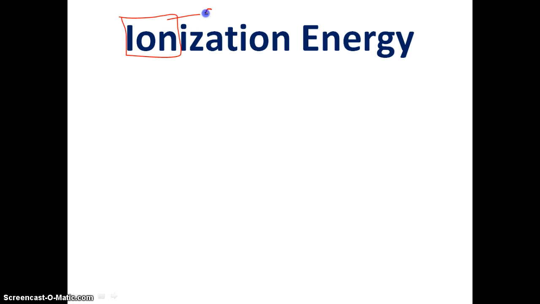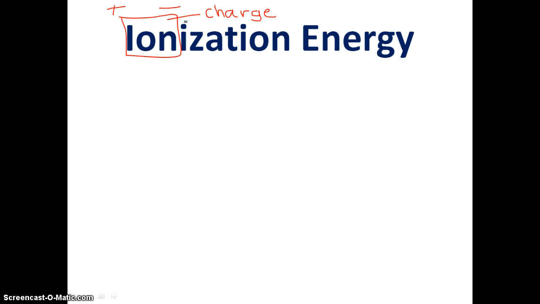So it's an atom with something. It's an atom that has a charge. That means it might be a positive ion or it might be a negative ion. A positive atom or a negative atom, those are charged atoms. We call those ions.